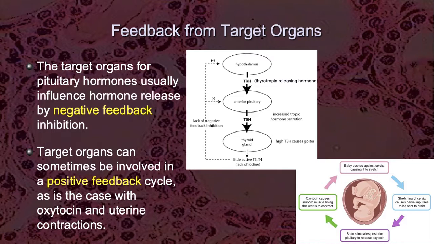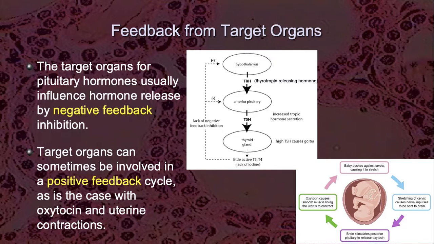Okay, what does oxytocin do? Increase uterine contractions. Okay, so we've released oxytocin. The uterus is going to contract. What's going to happen to that baby? He's going to go down, and his head's going to push.